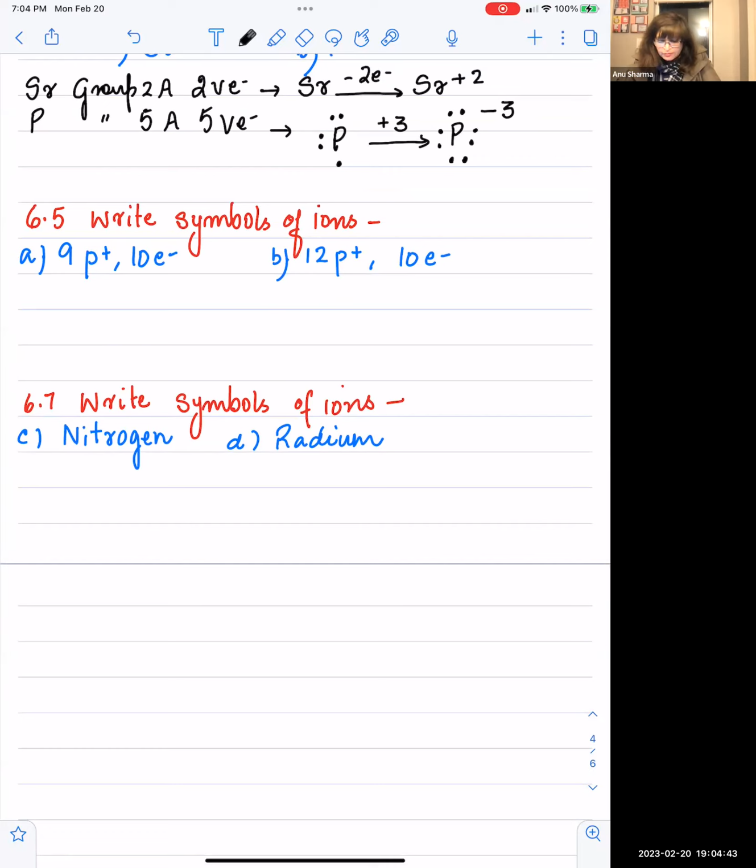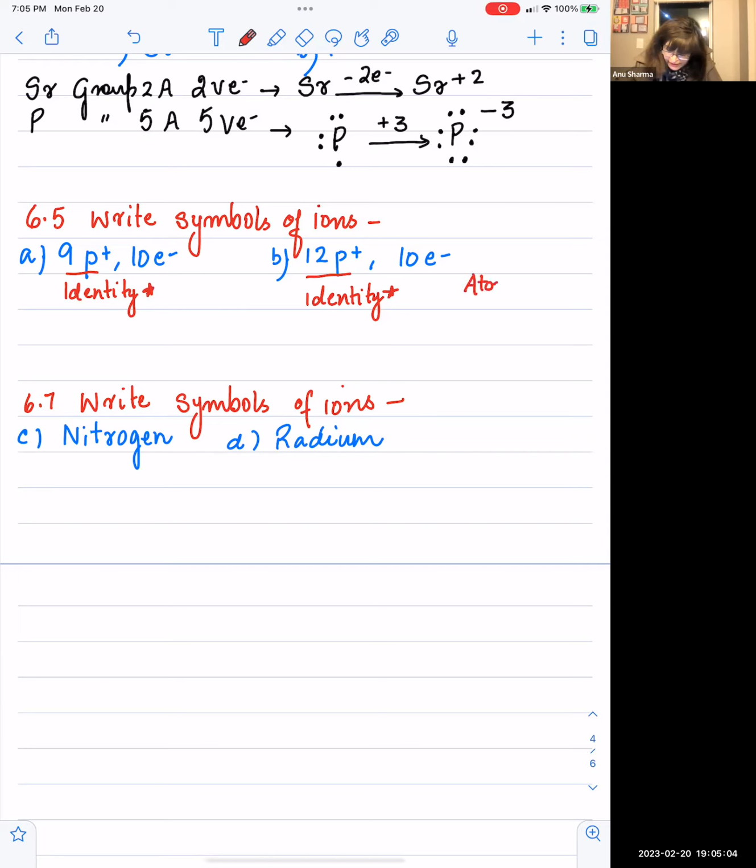So if there are 9 protons and 10 electrons, remember that every time it's the protons that determine the identity of the atom. The identity of the atom is determined by the number of protons. So let's look at these 2. So identity, that is actually the atomic number.